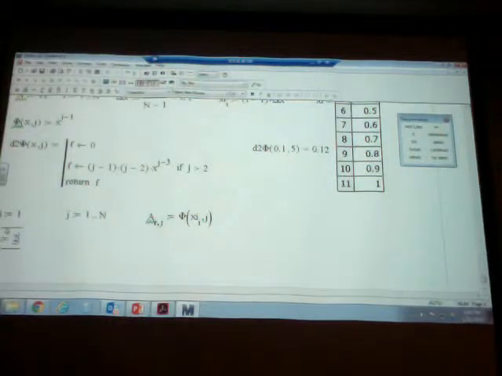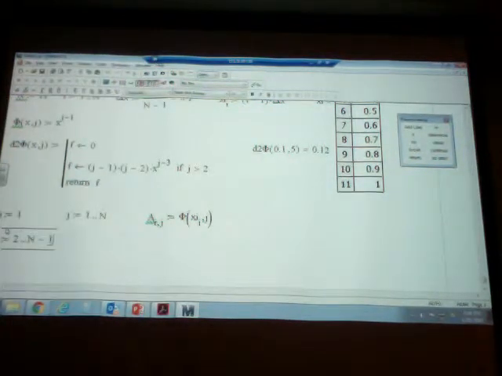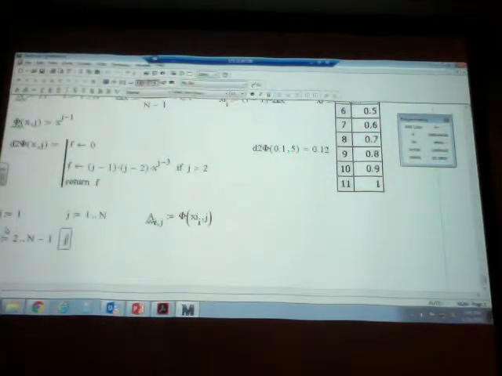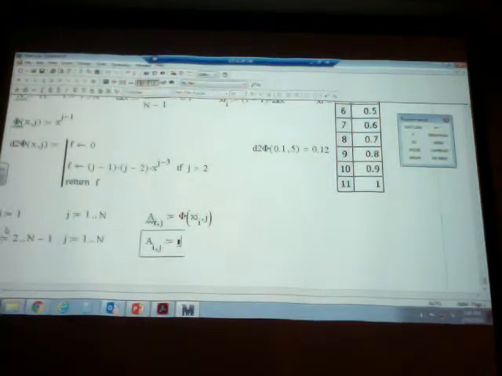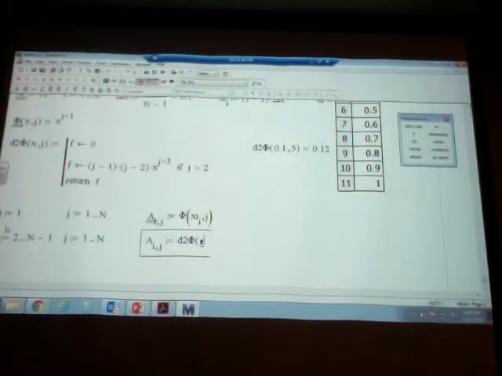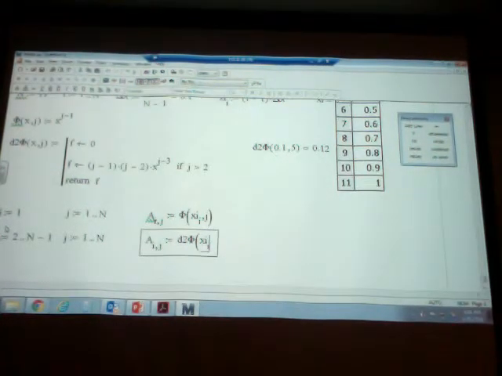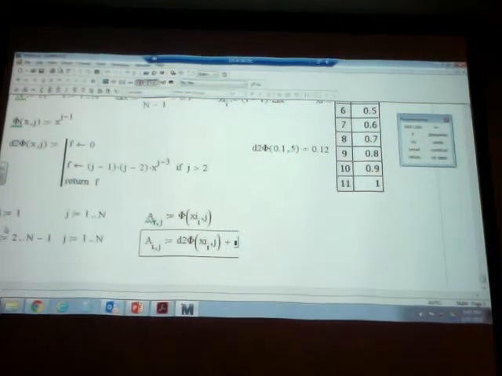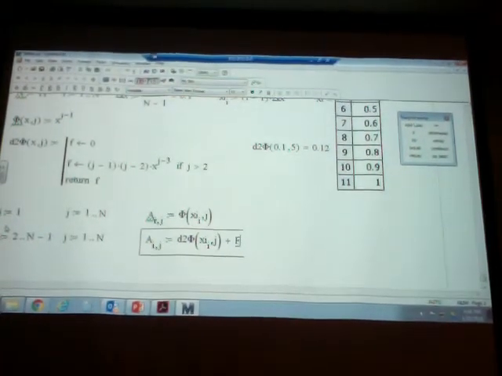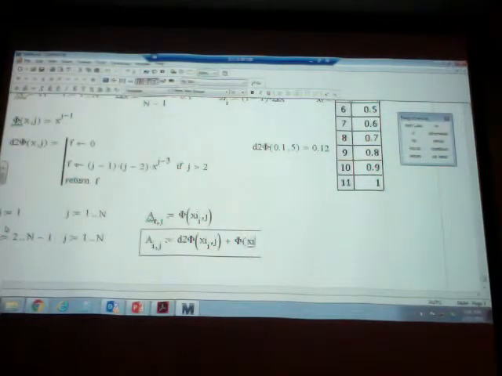So now the second equation goes from 2 to n minus 1, j, well, all the columns of the matrix. And I'm going to say A(i, j) is equal to, what do we have? D2F control G, xi(i, j), plus B, xi(i, j).